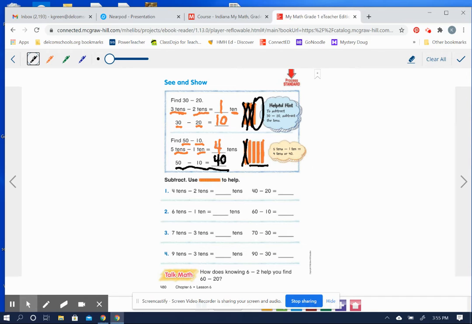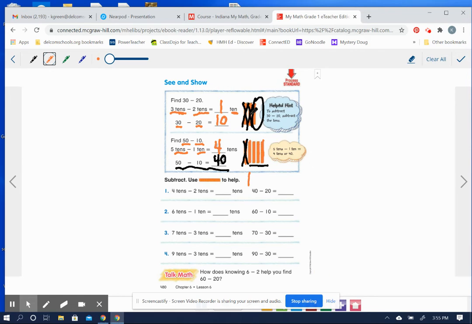All right, now you might want to get a scrap piece of paper, or I'm going to just very tiny draw some sticks over here. Actually, I won't need to even draw any ones because we're just working in tens. There's 0 ones in all of these numbers. So I don't have to draw any ones, just tens. Okay. Four tens minus two tens equals how many tens?